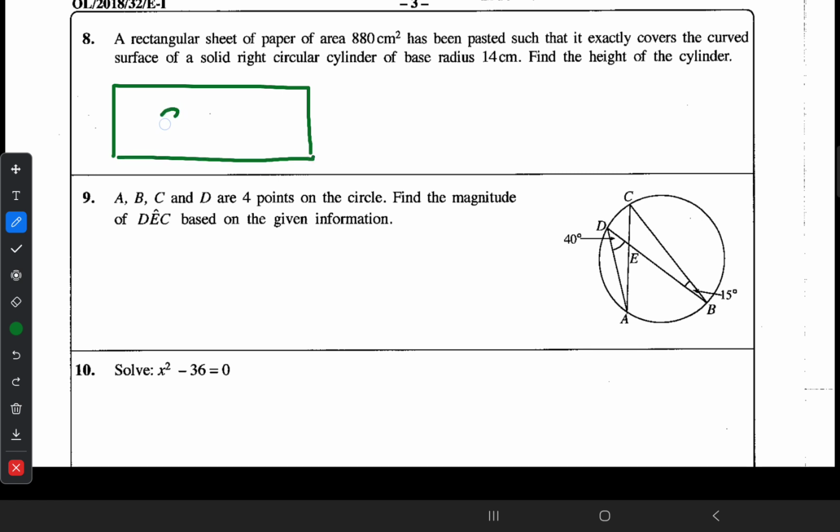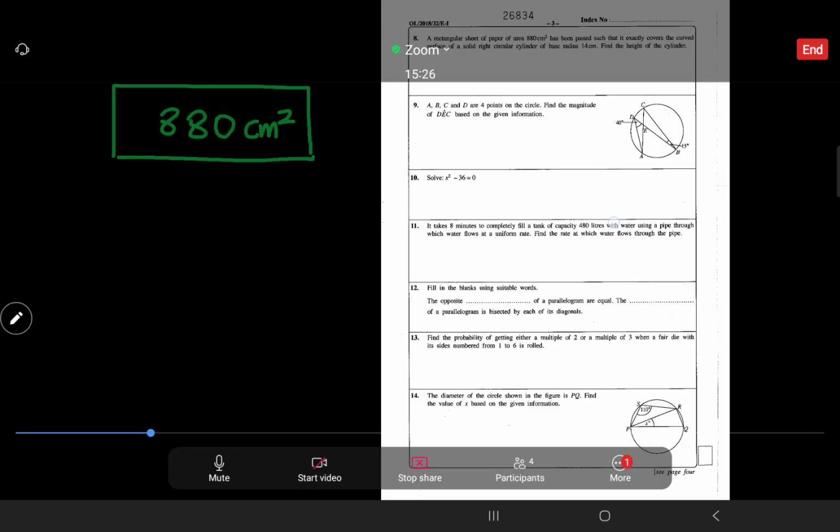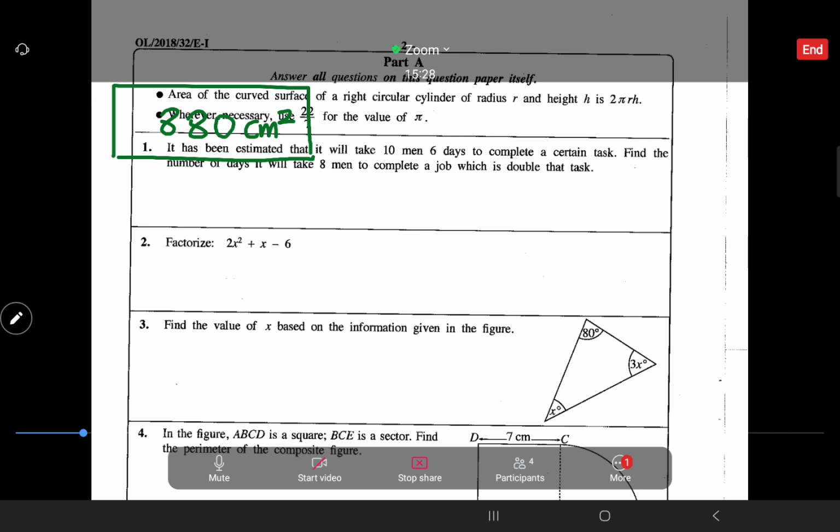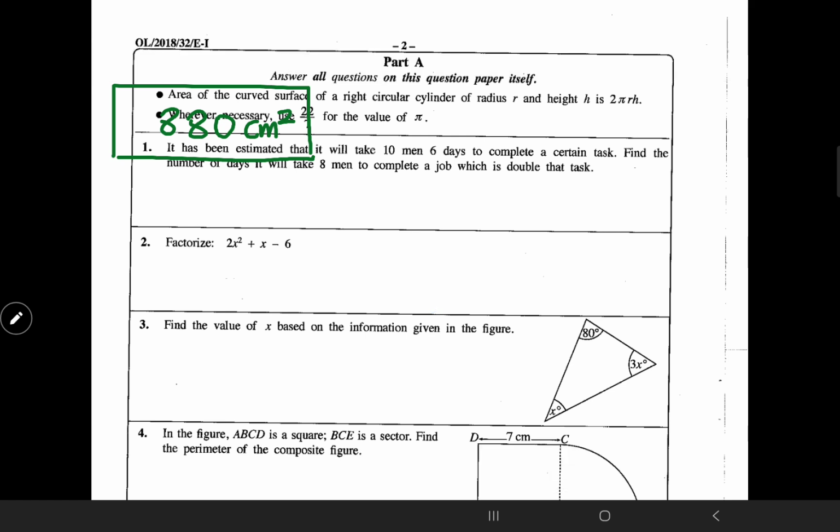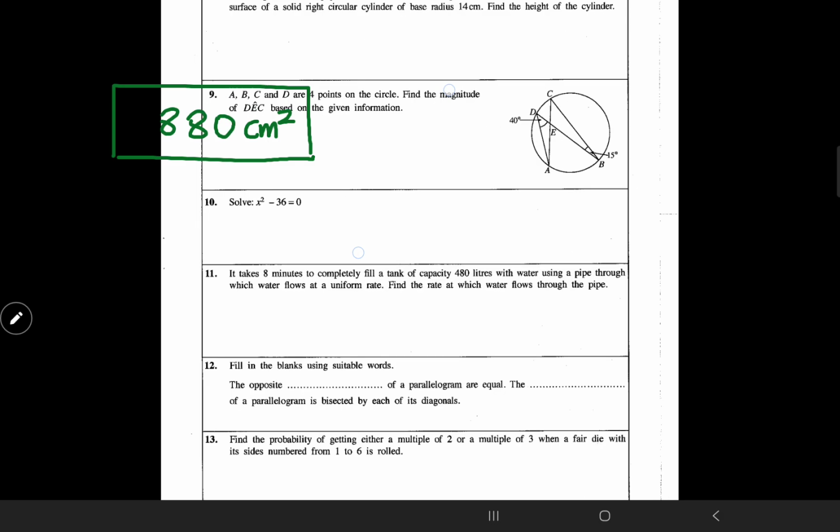We know the area of the rectangle is 880 square centimeters, and the radius of the cylinder's base is 14. By using that, you have to find the height of the cylinder. In the instructions at the initial part of this paper, we have the relevant formula. The area of the curved surface of a right circular cylinder of radius r and height h is 2 pi r h. So we can apply that formula here.